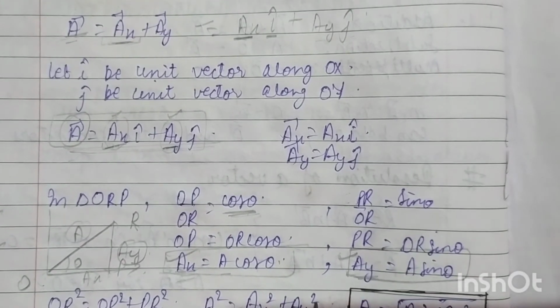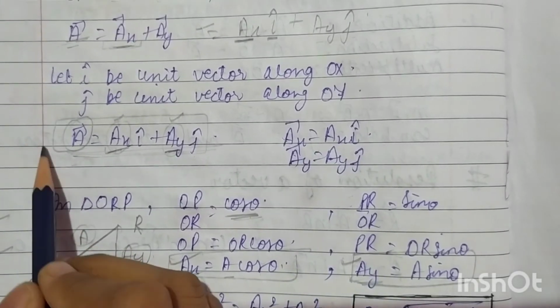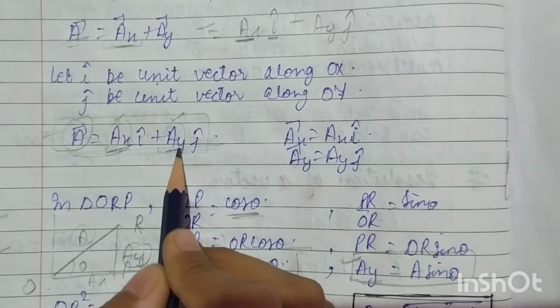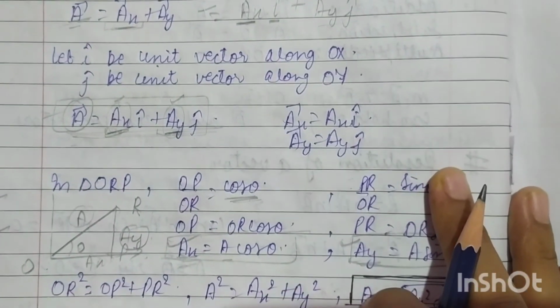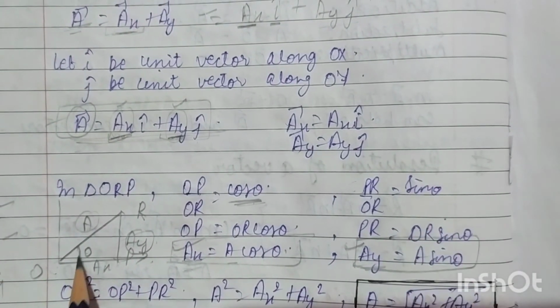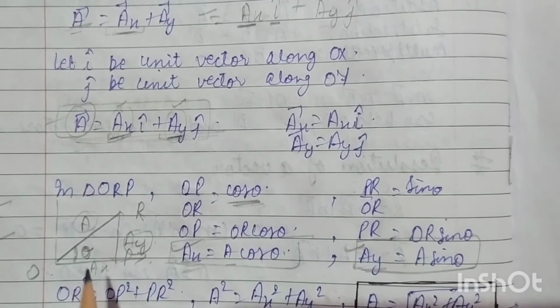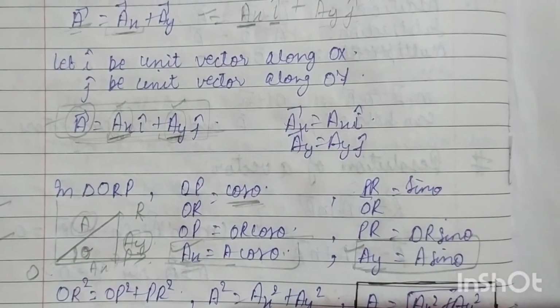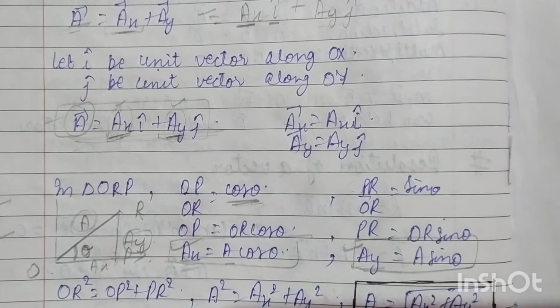So now we can resolve this vector A into two components, AX and AY, and we know the values of AX and AY. Now we want to find the angle theta between the resultant vector A and the vector along the X axis. How can we find that?